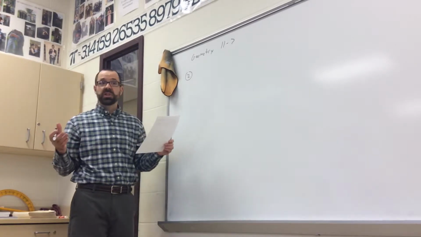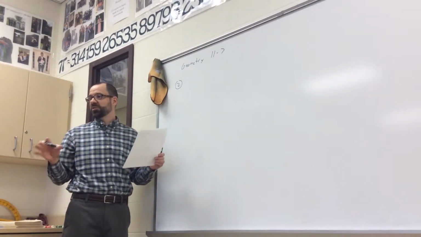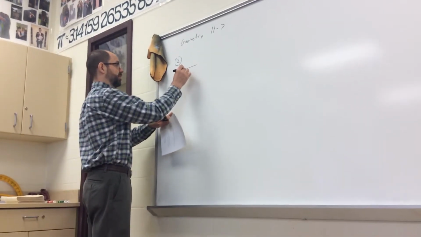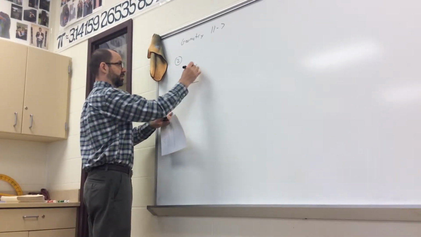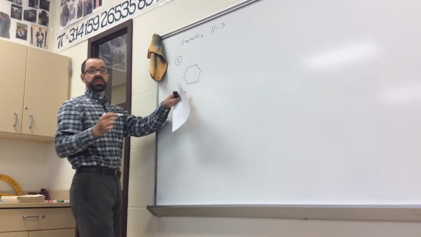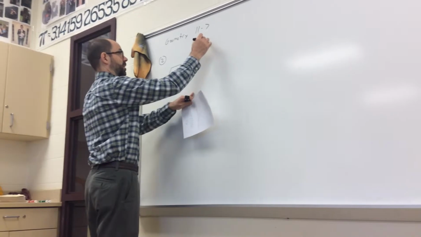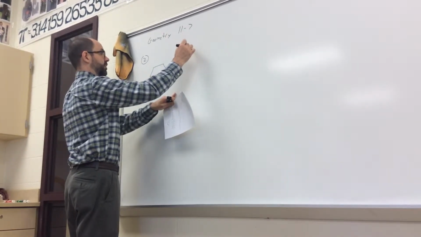I'm going to attempt to draw it, but as usual, my 3D pictures are not so fabulous, but here we go. So it's got a hexagon in the front, and then a hexagon in the back.